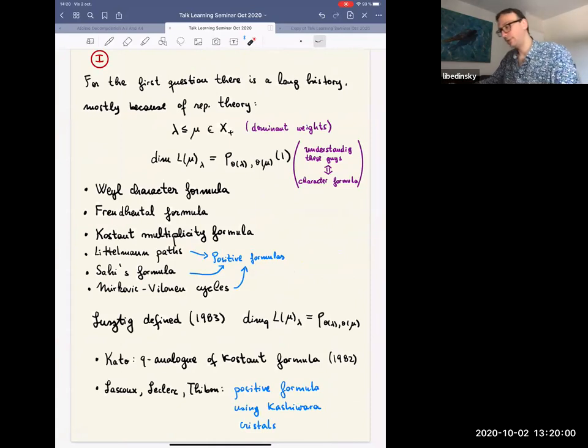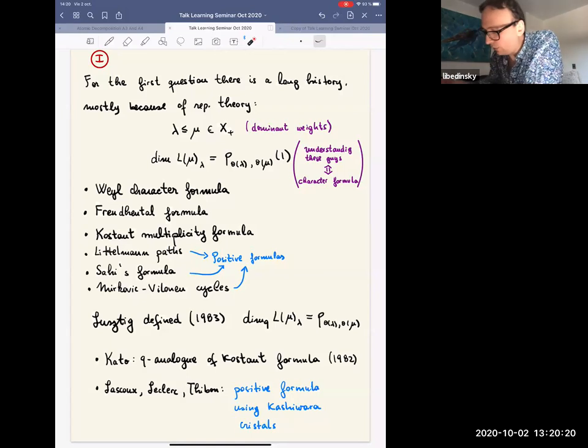But these are old things, essentially. Many people have thought about some of this stuff. For the first question, there is a long history.